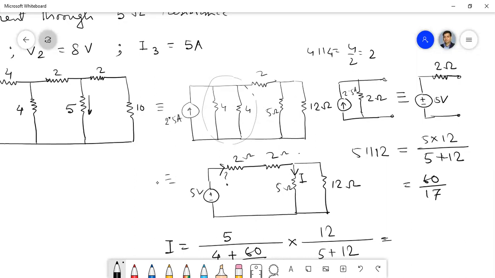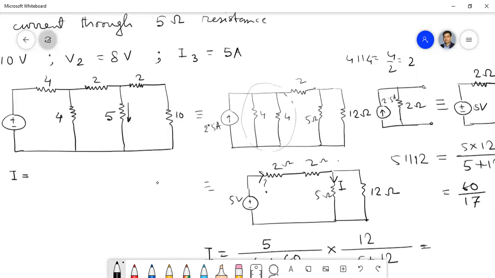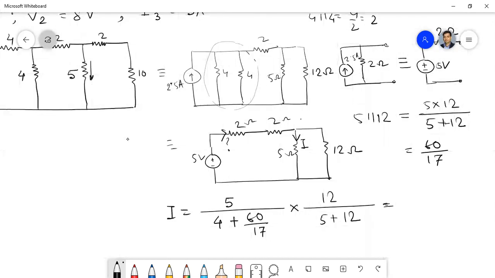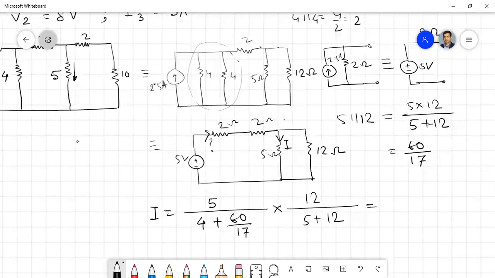So this is one of the techniques, by repeated source transformation, to approach the solution quickly. Other approaches also you can use, KVL, loop current techniques, anything. But I think source transformation will be easier for this particular problem, so therefore we have opted this.